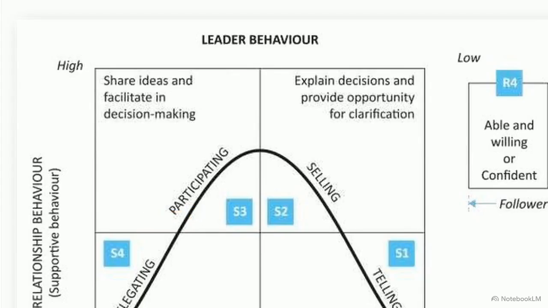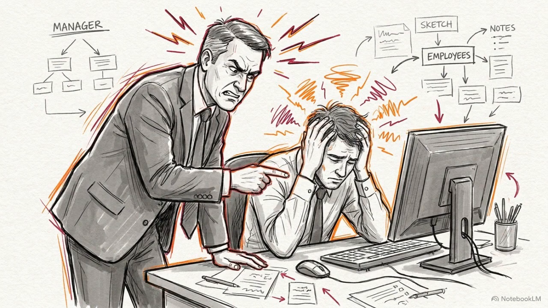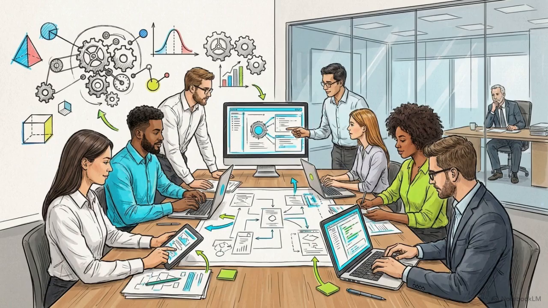Finally, when a team reaches high maturity at R4, the leader must actively strip away both task direction and relational support, arriving at a stance of complete delegating. Under situational leadership, maintaining a single, consistent leadership style over time harms the team's development. A professional leader must systematically retreat as the team's competence grows.